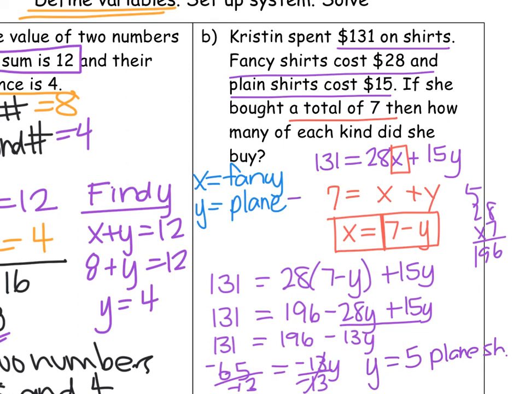So if we know that y equals 5, we can go back and use this equation right here to figure out what x is. So if y is 5, then x has to be equal to 2 fancy shirts, and x equals 2. So it's a total of 7 shirts with a total cost of $131.